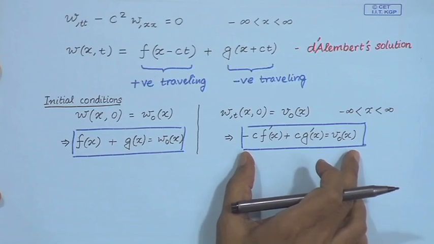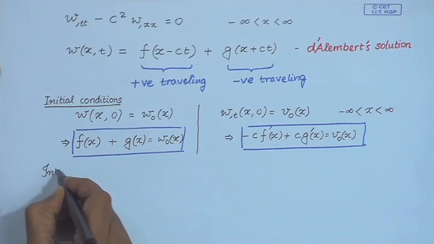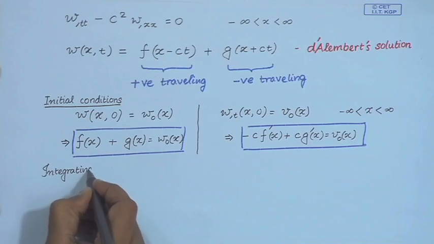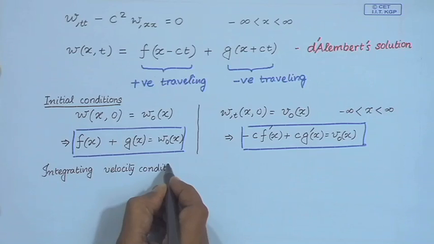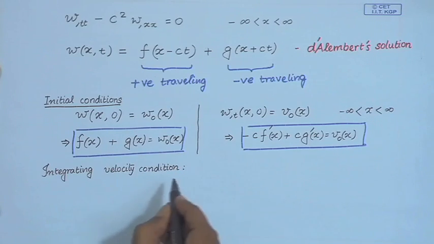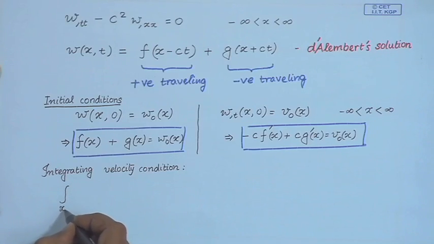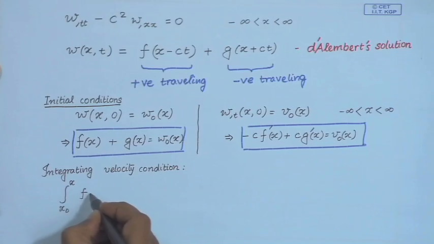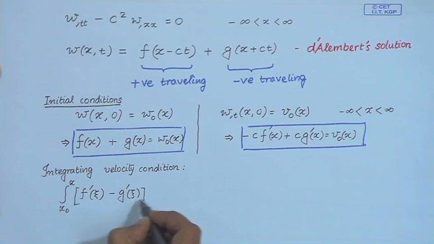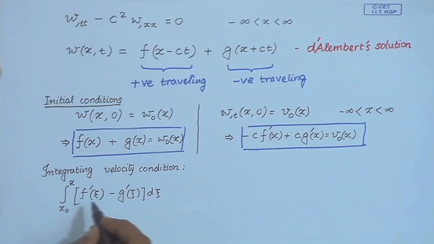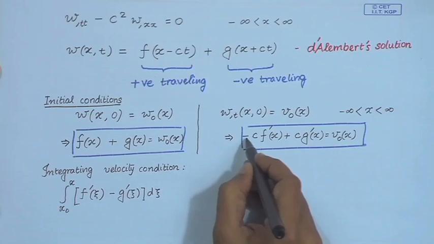If we integrate this velocity condition, what we obtain is, integrating from x 0 to x, and I will put the factor 1 over c on the right hand side.